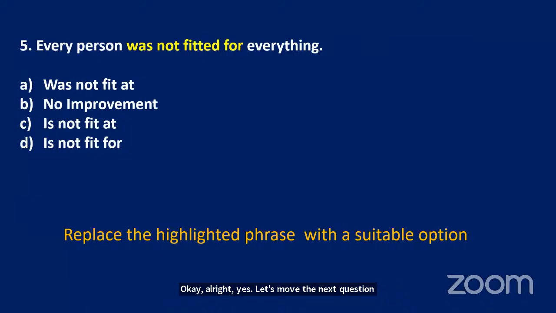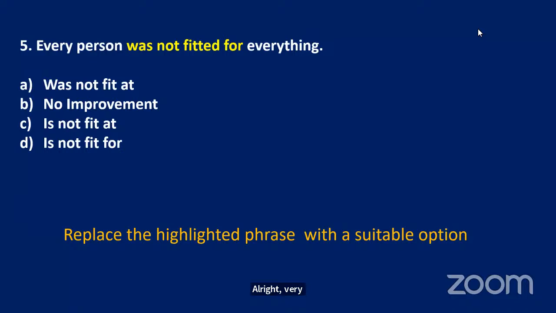Every person was not fitted for everything. The highlighted phrase was not fitted for has to be replaced by one of four options: was not fitted, no improvement, is not fit at, or is not fit for? It's very simple. Quickly think over it and give me your answer.